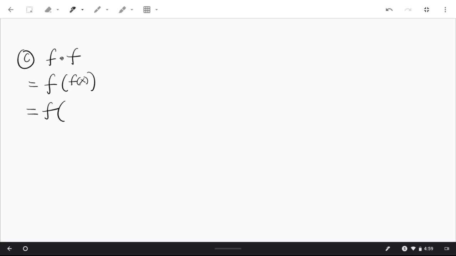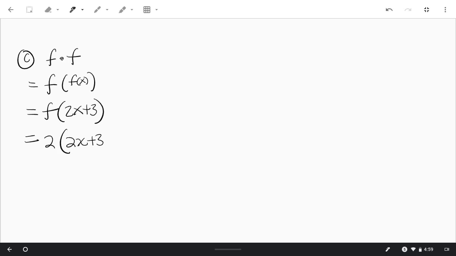Okay, so f of x is 2x plus 3. That's what I want to replace all the x's with, 2x plus 3. So I'm going to write 2 times (2x plus 3) plus 3, because I replaced all the x's in f with that.